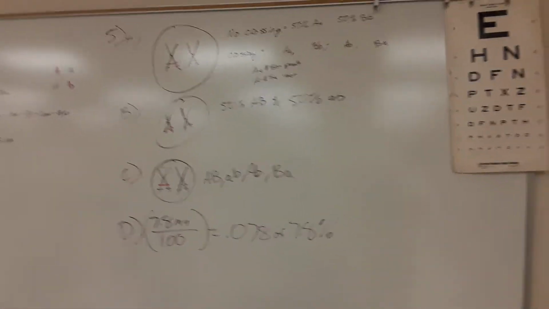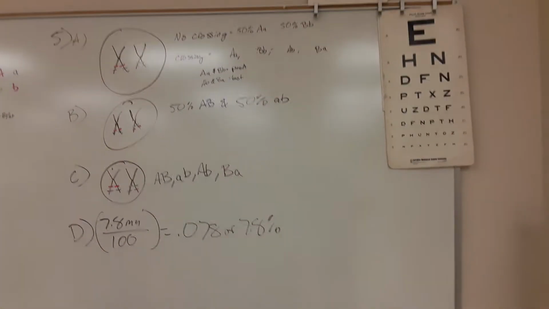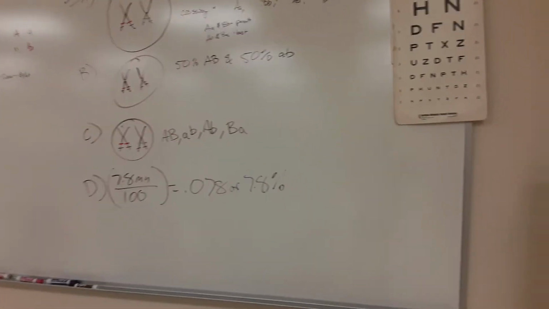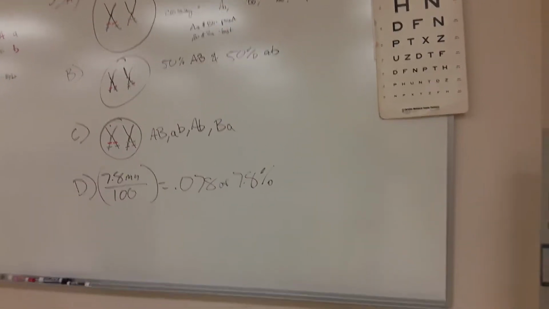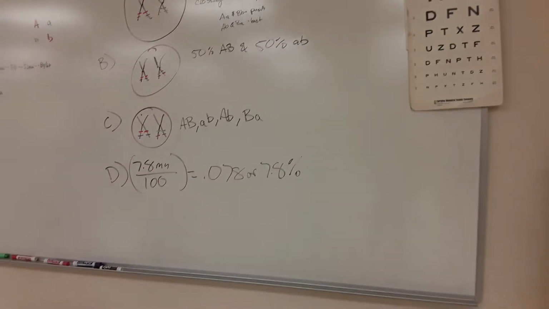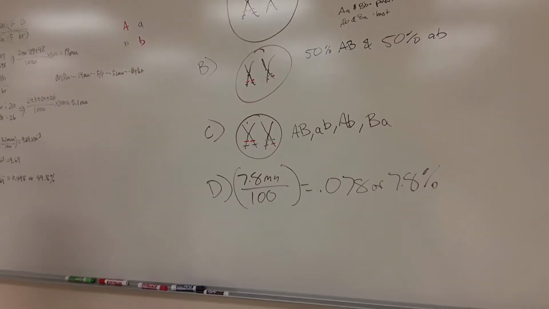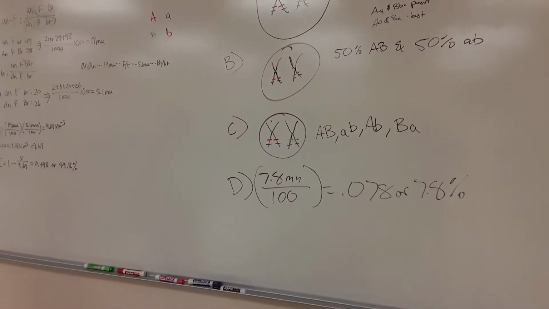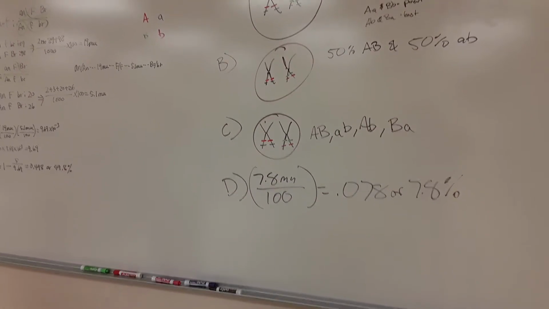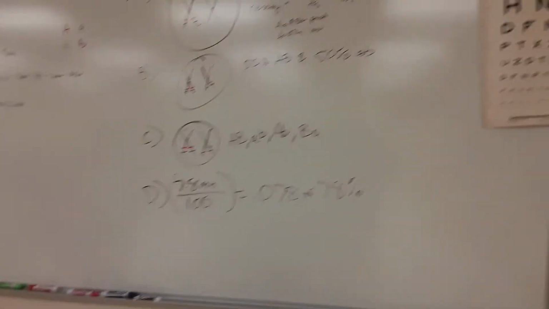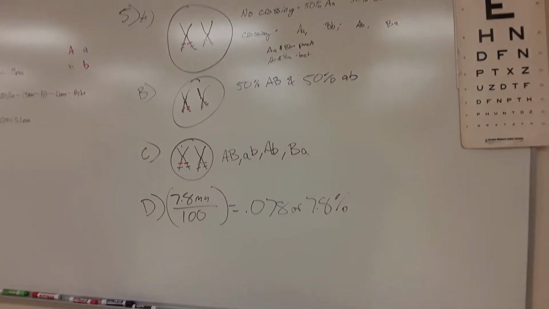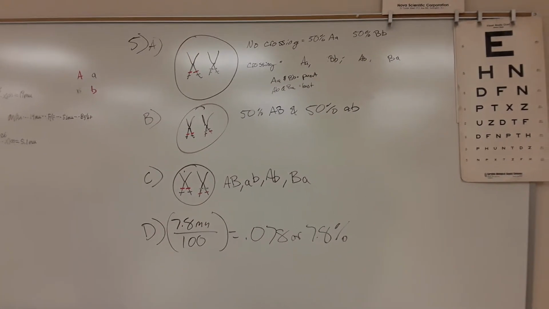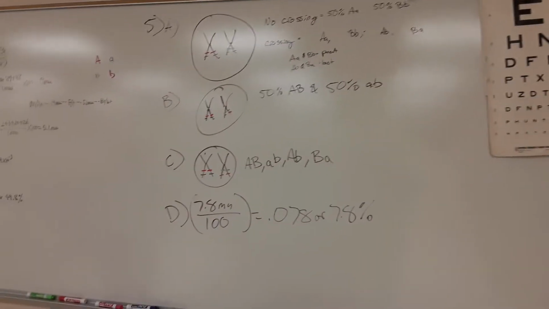Right. So for this last one, just sort of looking through the text on it, we're looking at how it just seems to be dependent on whether or not it's crossing over or not. And so sometimes they do and sometimes they don't. So that first one's going to be 50-50, right?